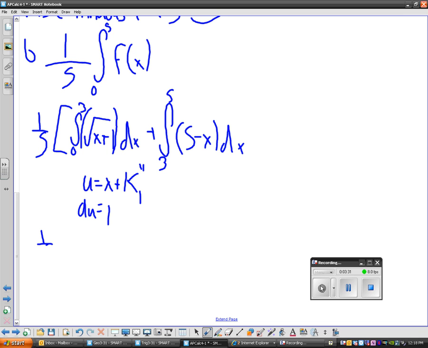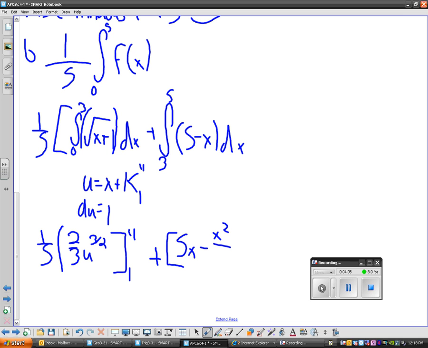So once I integrate that, I get 1/5 times 2 over 3 u to the 3/2, because I would plug in u, it'd be u to the 1/2, and when you integrate that, you get that. Evaluated from 1 to 4, and then I add my second integral, which is 5x minus x squared over 2, evaluated from 3 to 5.